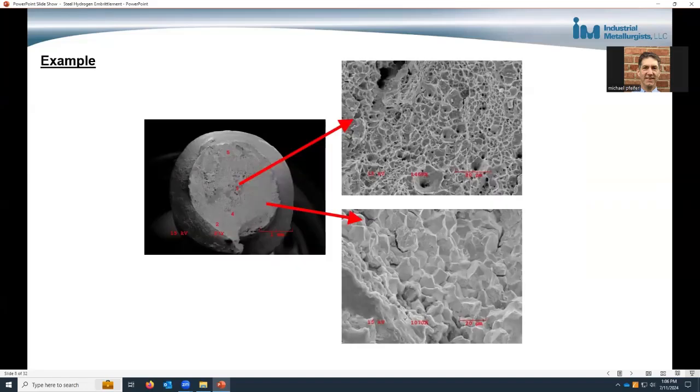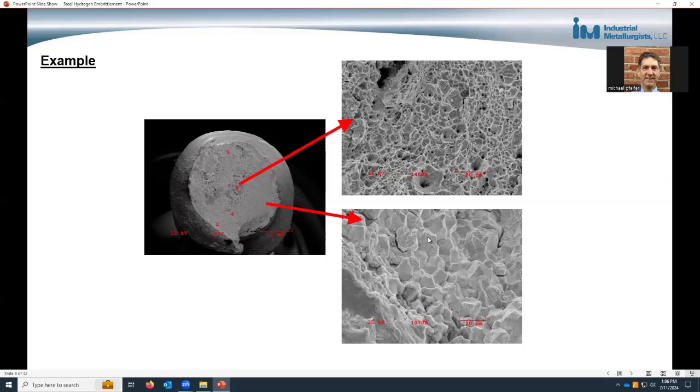And here's an example, and I'll be using this example in the case study. These are scanning electron microscope images of the fracture surface of a fastener that failed due to hydrogen embrittlement. The outer portion of the fracture surface had this appearance, which is intergranular cracking.